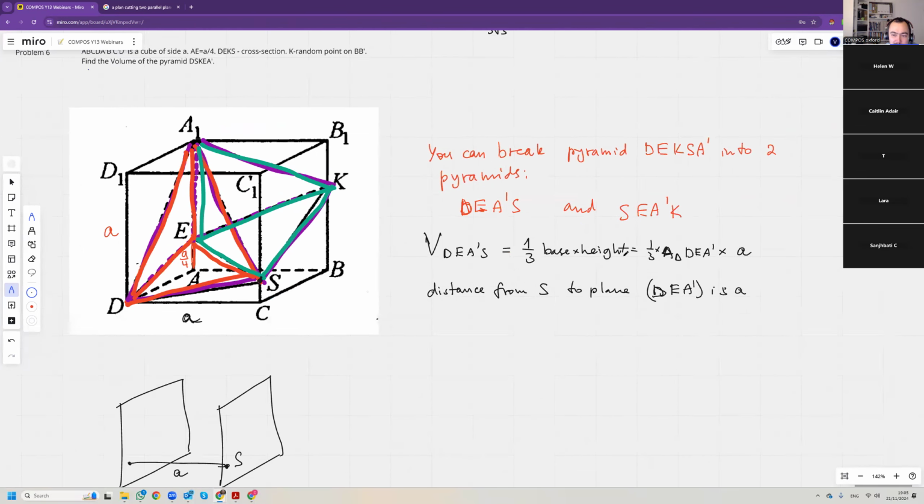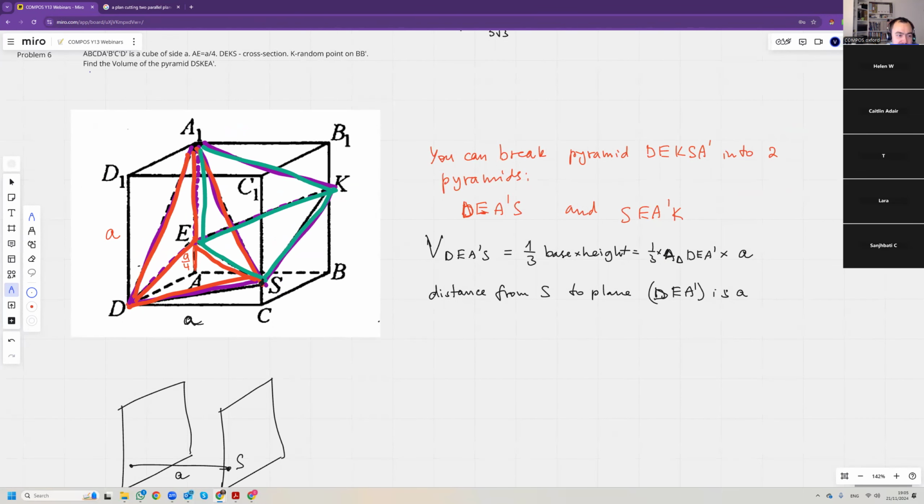All we need to find the volume is the area of triangle DEA'. Consider the triangle DEA'. It looks like this.